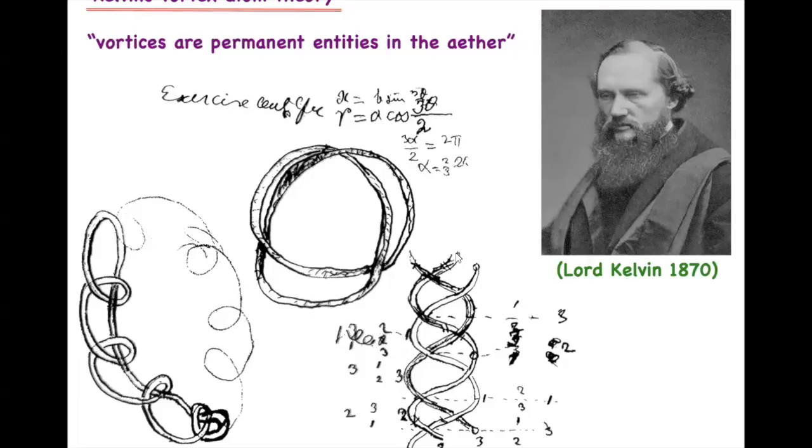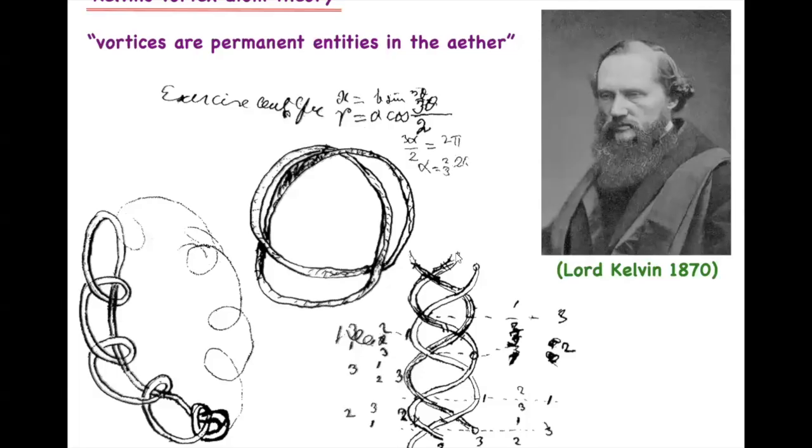Here, Kelvin knew about the conservation laws of Helmholtz and immediately took the idea that these vortices could represent particles. So it's a string theory of the 1860s.